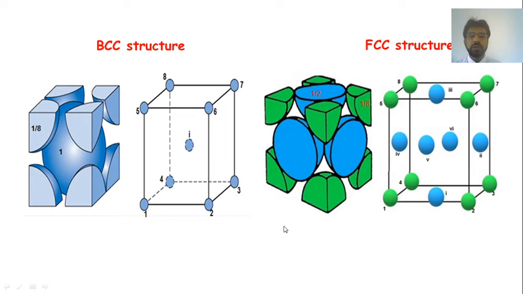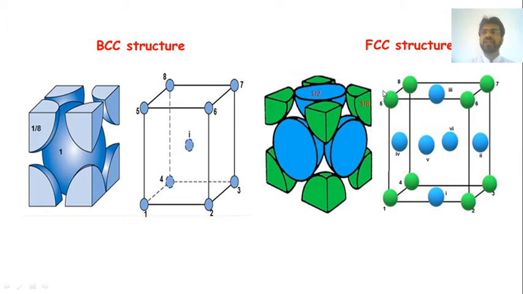Students, you should also know about the contribution of every atom in the unit cell. In the BCC type of structure, the contribution of the corner atom in this unit cell is only 1/8 part of the atom, and the contribution of the atom located at the body center is whole.